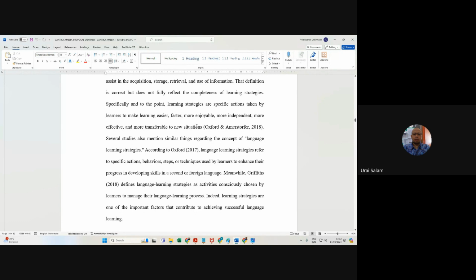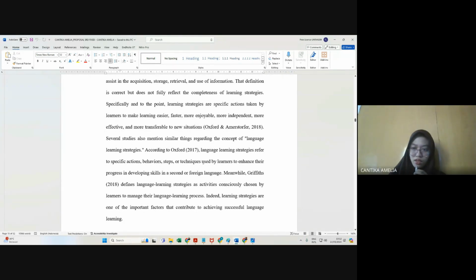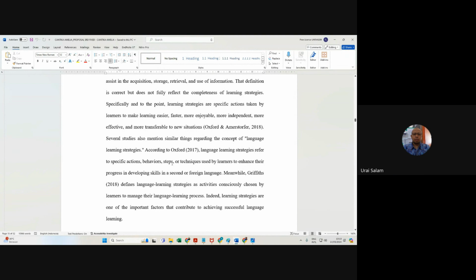According to Oxford 2017, language learning strategies refer to specific action, behavior, step, or technique used by learners to enhance their progress in developing skill in a second or foreign language. Oxford actually divides the strategies into several types.